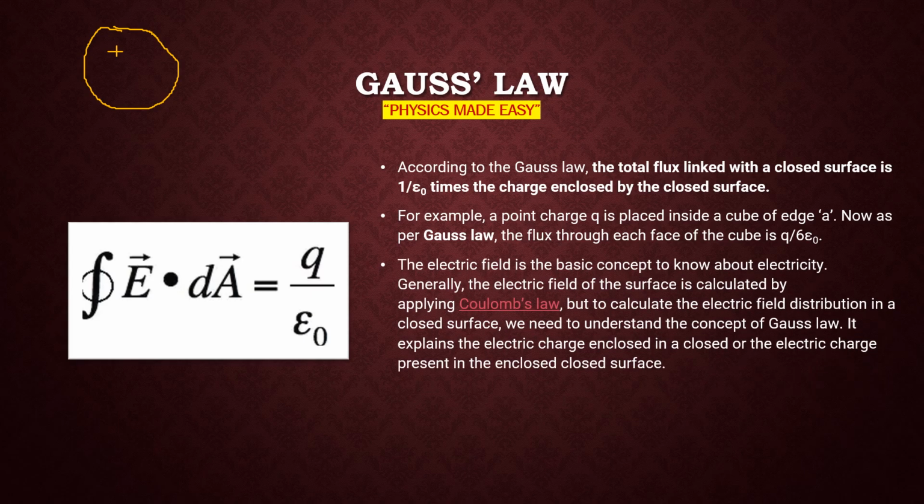In general, the electric field is a basic concept to know about electricity. We can calculate it by applying Coulomb's law. But to calculate the electric field distribution in a closed surface, we need to understand the concept of Gauss law. It explains the electric charge present in the enclosed closed surface.